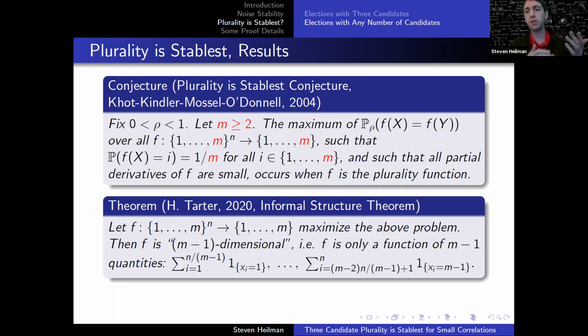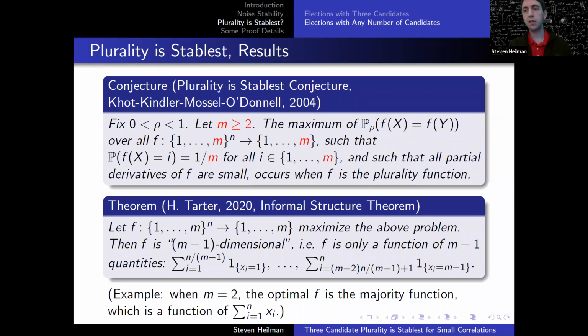So rather than being some sort of arbitrary function of whatever the x_i's are, it's really just a function of m-1 chunks of votes.